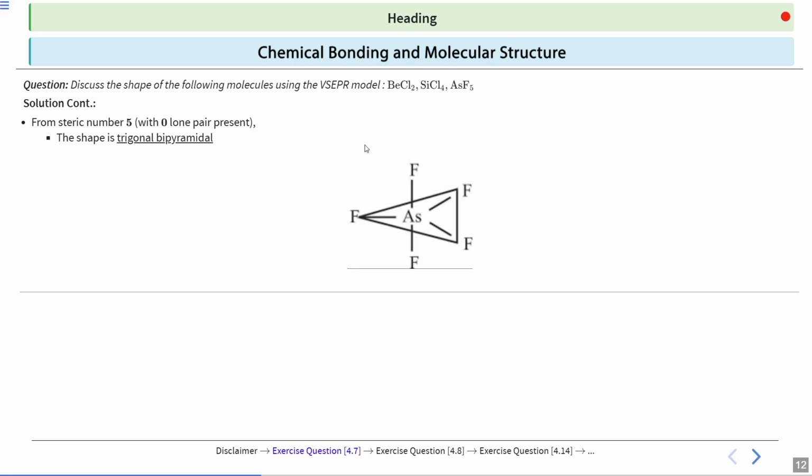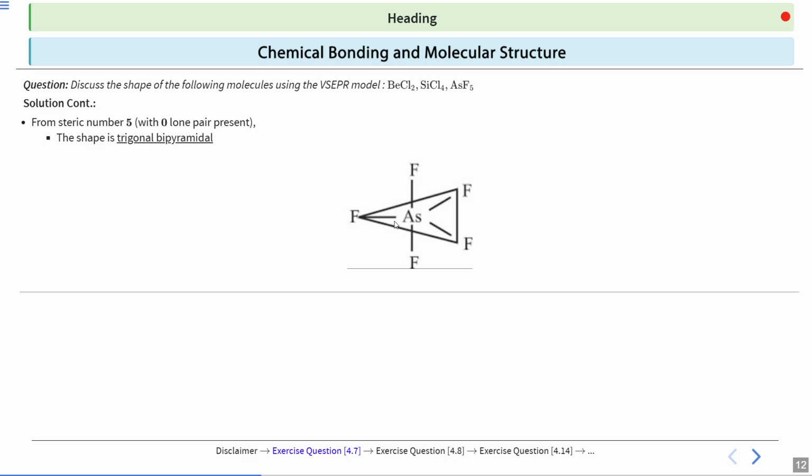So let us move on further. Now, if you know it, it's very easy, right? So let me tell it to you. There are 2 types of bond angle. If you consider the fluorines present on the triangle, then each of these fluorines is making an angle of 120 degrees, because 3 fluorines are there, so 3 angles are there.